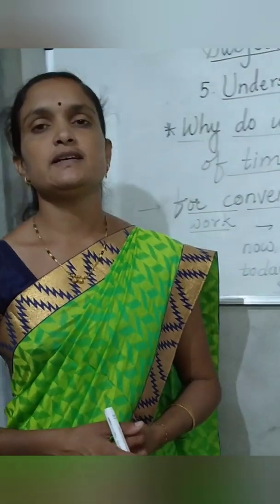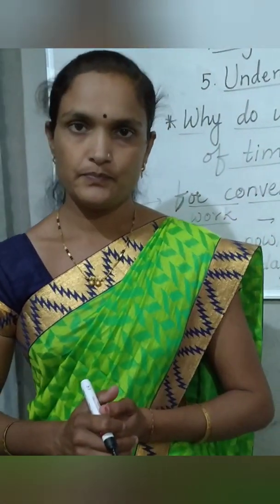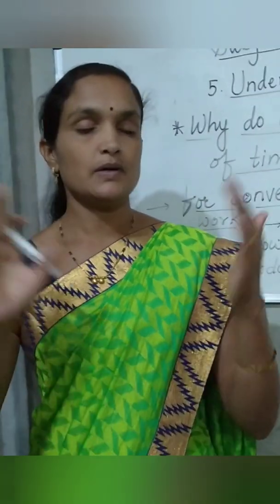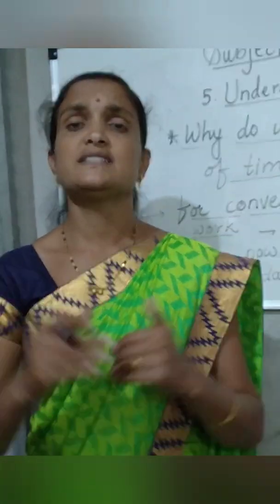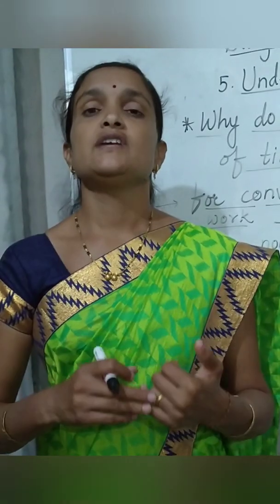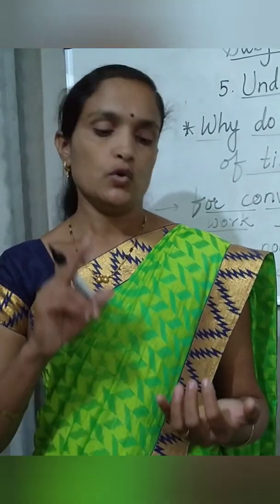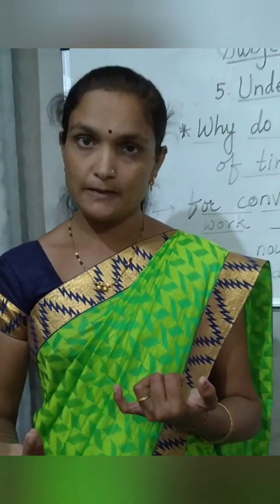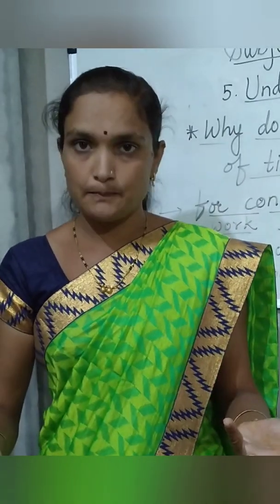Understood? So children, here we are going to finish our lesson, understanding time. And what do we learn in this lesson? We have learned all about the time. What is time? And then we have learned which instruments we use to measure the time. How do we measure the time?